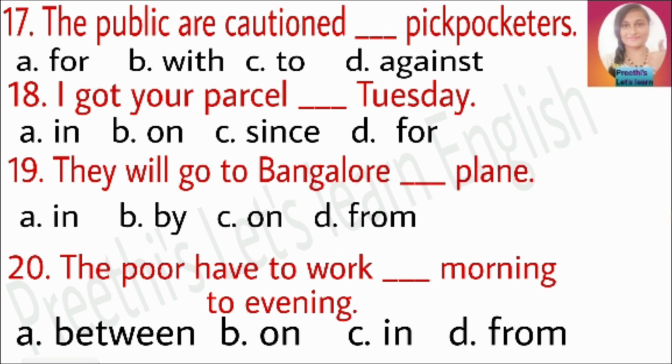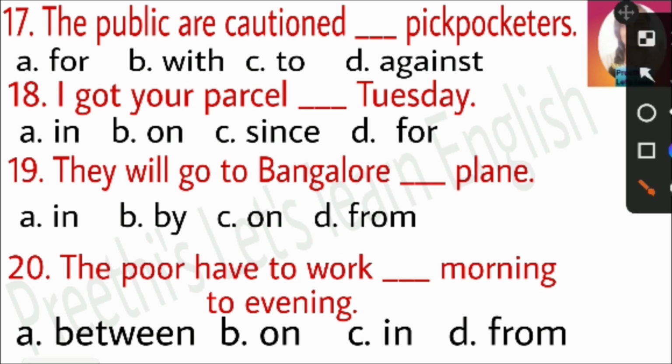Next, 18th one. I got your parcel blank Tuesday. So here the given options are in, on, since, for. So here we have to keep in mind that whenever a day is given, before the day we have to use on. On plus day.